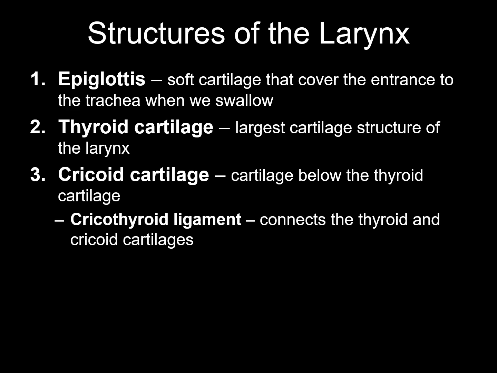Remember way back when we were talking about our different types of cartilage, and we said we had an elastic cartilage that was super soft. It's in our ear, right? It allows our ear to be able to bend. Well, the epiglottis is also made up of that elastic cartilage, so it's able to flop over and cover the entrance of the trachea when we swallow.